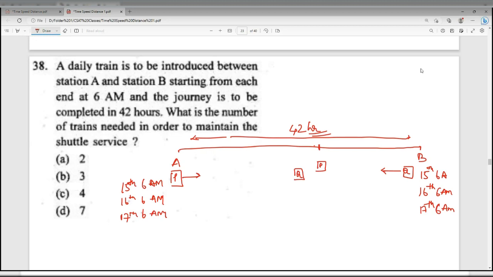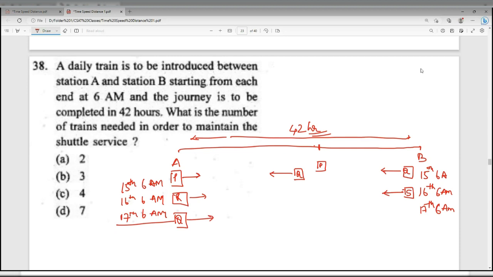So we need one more train here, R, to leave on 16th at 6 a.m. And then we need one more train S to start from the other end on 16th, 6 a.m. Then on 17th, 6 a.m., we would have Q standing here in the station, and Q can be used to start the shuttle.